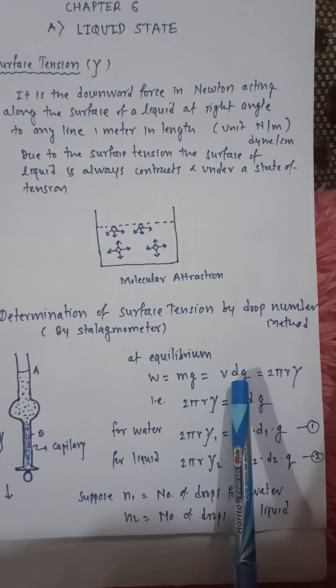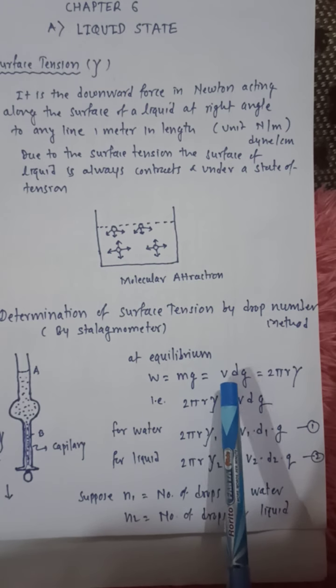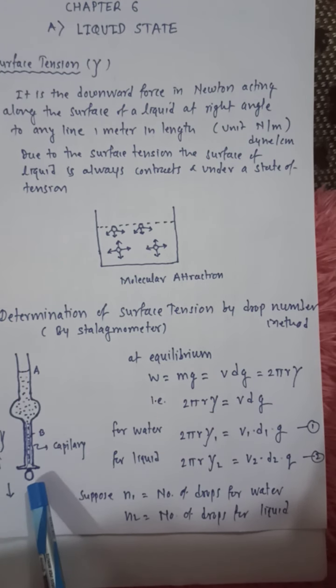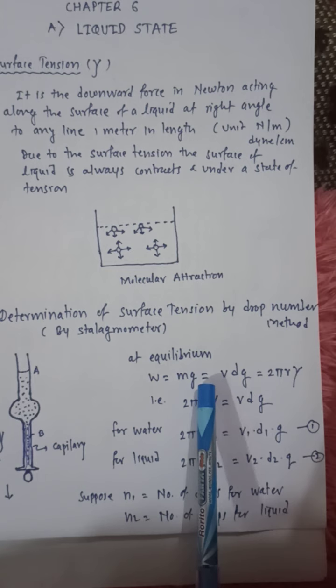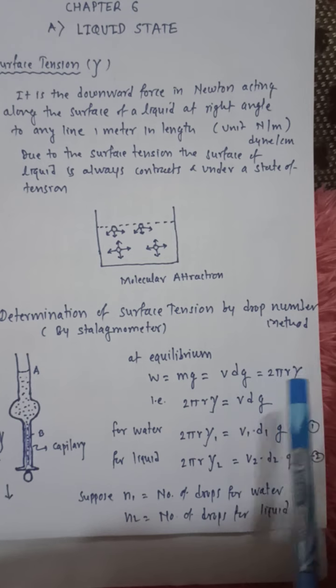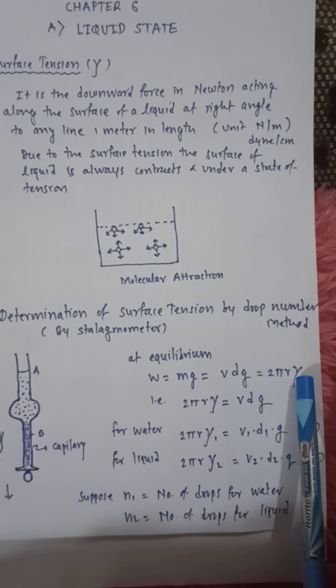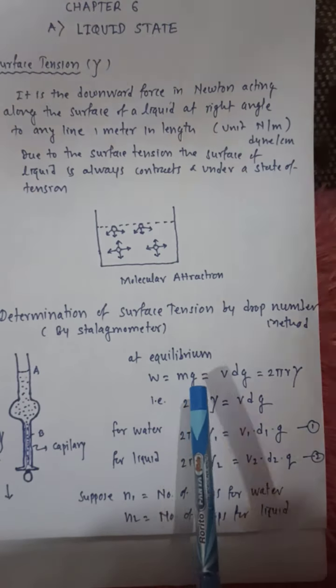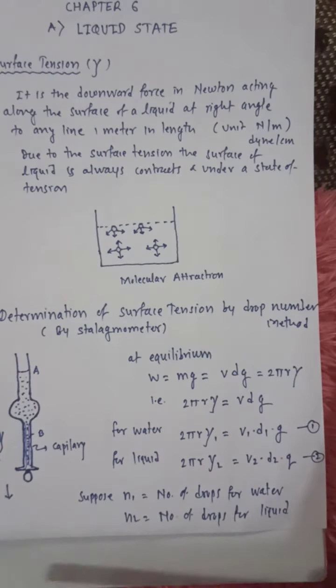That will be equal to V d g. Why are we replacing it by volume? Because mass can be written as volume into density. So W, the weight of the drop, is mg, which can be written as V d g, and that will be equal to the surface tension force, that is 2 pi r gamma, where r is the radius of the capillary. So this equation is established at equilibrium when the drop is just falling from the stalagmometer.